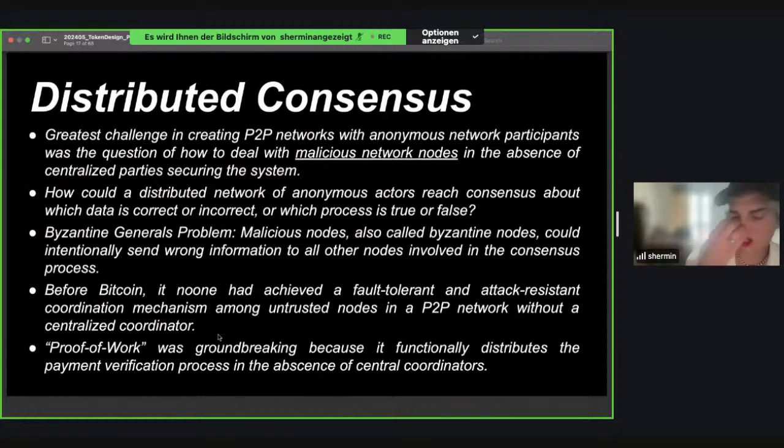And in distributed systems, this is referred to as the Byzantine Generals Problem, okay? And before Bitcoin, no one had achieved a fault-tolerant and attack-resistant coordination mechanism. Proof of work was this groundbreaking game changer to reach distributed consensus.